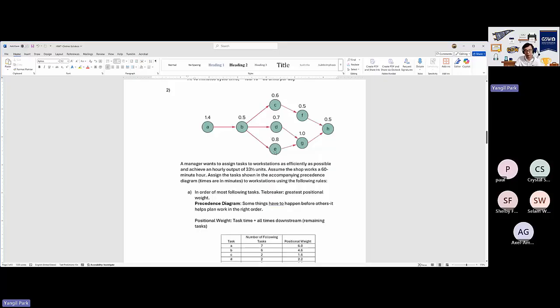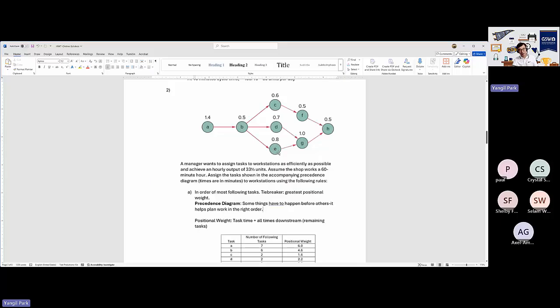If you go this way, E, you have 1, 2, 3 same. So you have a tie. So that's what is meant by tiebreaker. So if there's a tie like this with the same number of following tasks, then you go with greatest positional weight. So you calculate or you look up the larger positional weight for C or E.